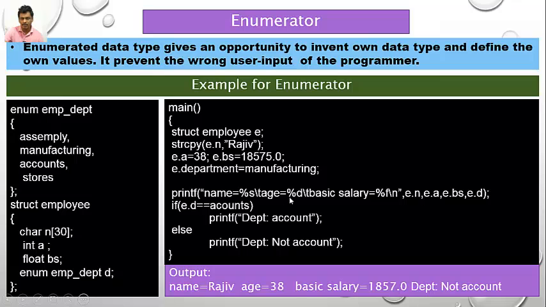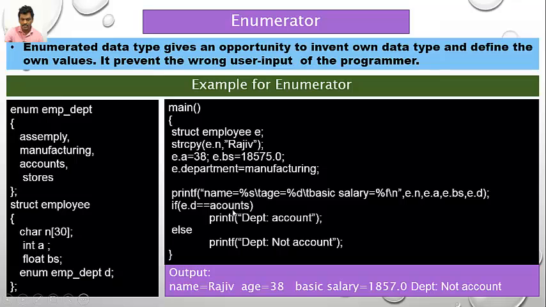Printf name equal to percentage s, age equal to percentage d, basic salary equal to percentage f, of E dot n, E dot a, E dot bs. So it displays name equal to Raju, age equal to 38, basic salary equal to 18575. That is the basic salary. Then dept not account.